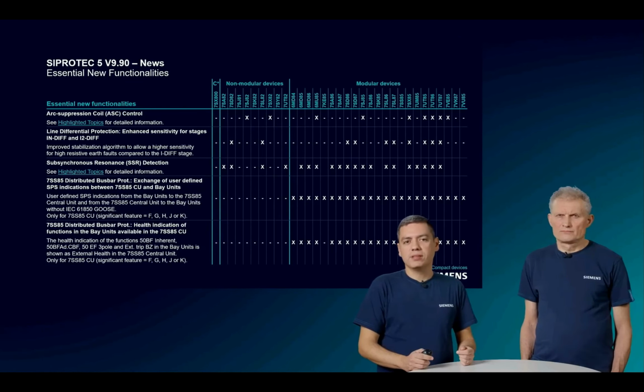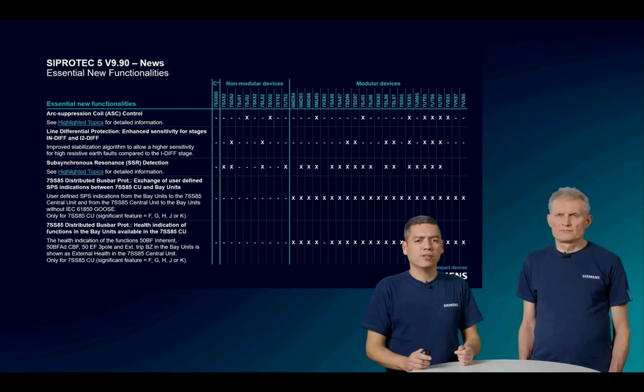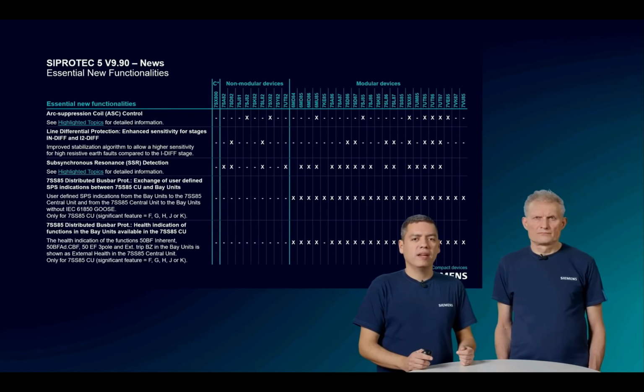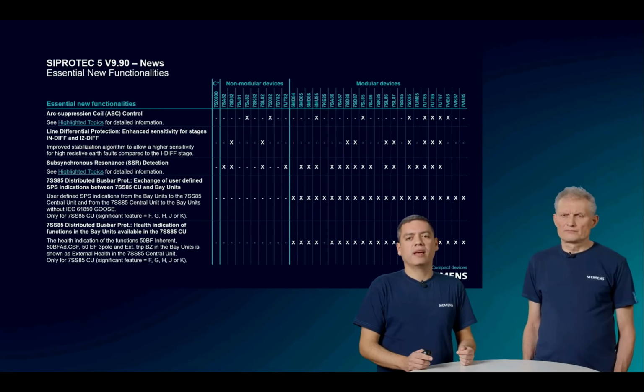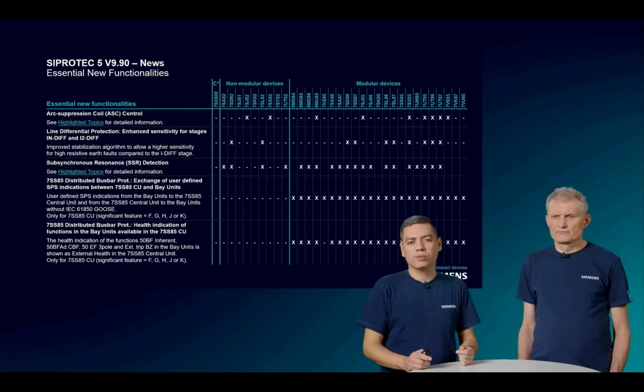This feature means that the user-defined SPS indications are exchanged from the B units to the 7SS85 central unit and from the 7SS85 central unit to the B units without IEC 61850 protocol GOOSE messages. Important information is that this new feature is valid only for the 7SS85 CU option.